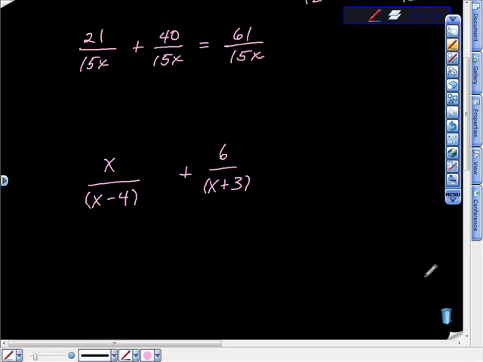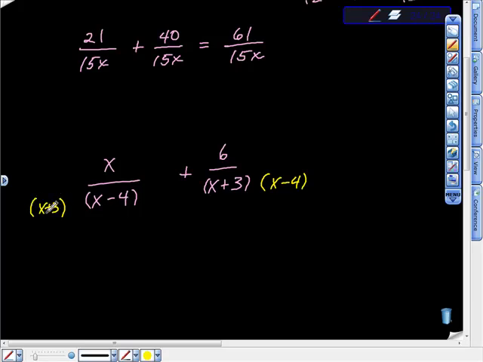So to get common denominators here, what we're going to do is the same thing we did in the first problem, but we're just going to do it using variables here, right? This one, look, if we multiply this by x plus 3 over here, and this one by x minus 4 over here, I'm not done, but stay with me.